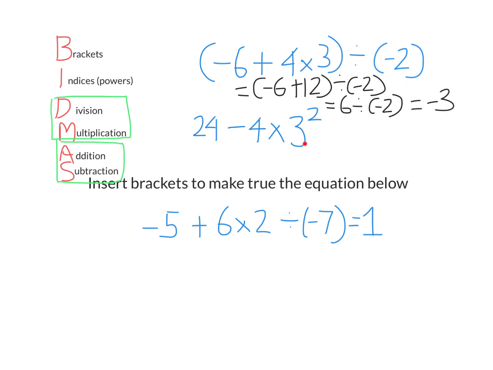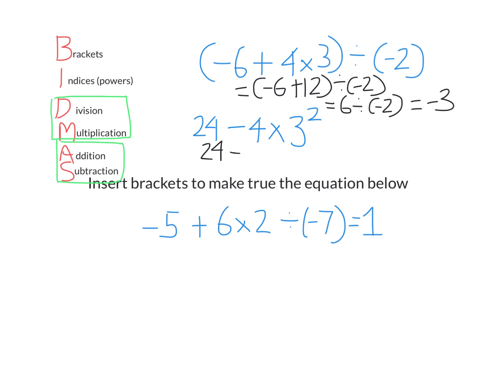All right, let's try this one here. 24 minus 4 times 3 squared. So here we have 3 operations. We have a subtraction, a multiplication, and also we're raising to a power. That's what the I means, indices or powers. So we need to do this first. So 3 squared is 3 times 3, which is 9.